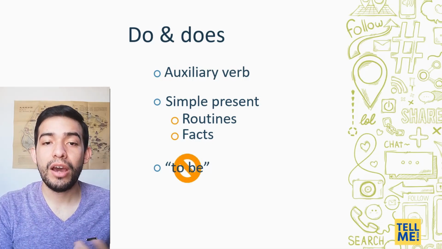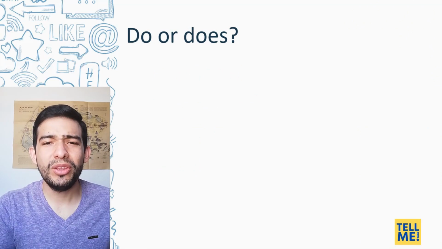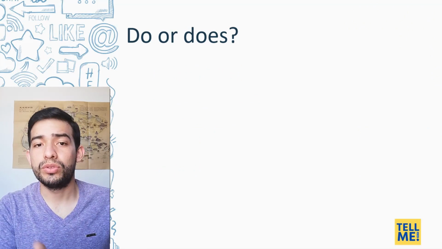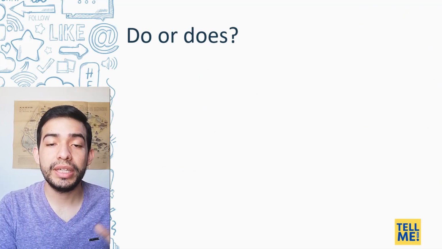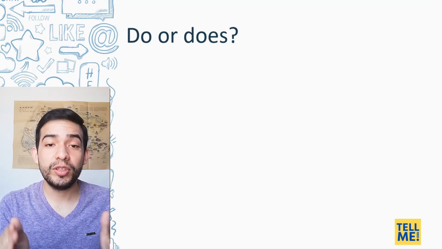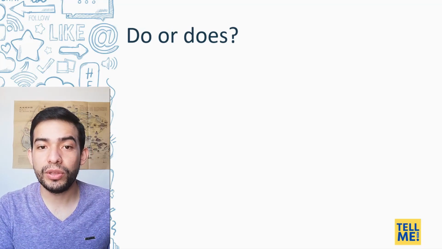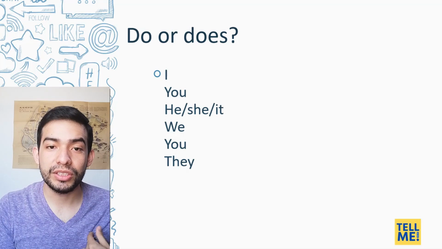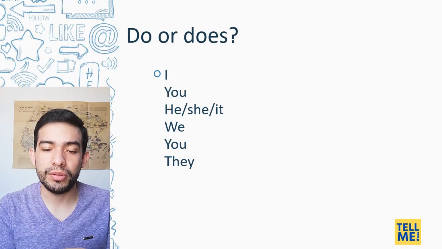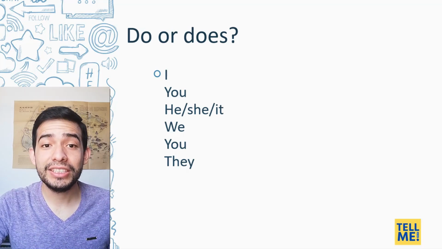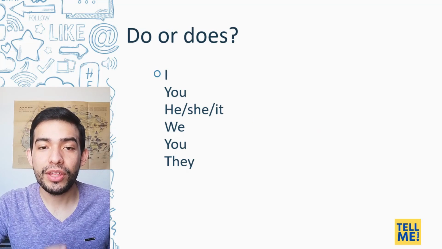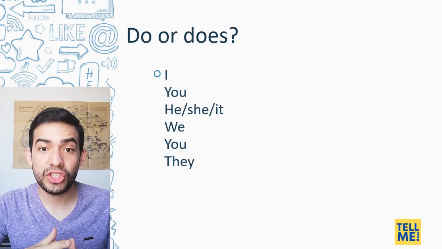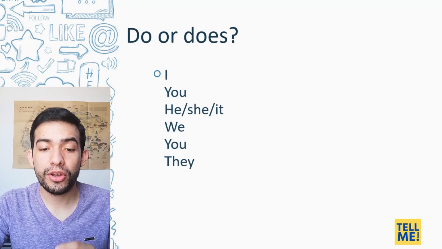Okay? Now we can move on to when do we use do and when do we use does. It's really simple, I promise. If you speak Spanish or French, you will know that for every person we have to change the verb, right? But in English, it is way easier. The only time in which we need to change it is when we are talking about the third person.